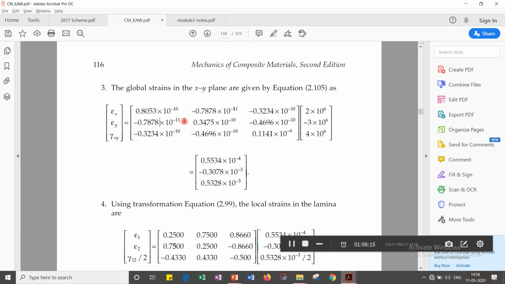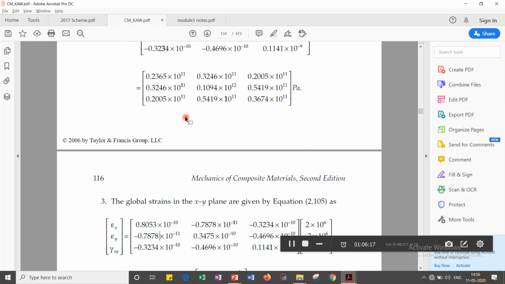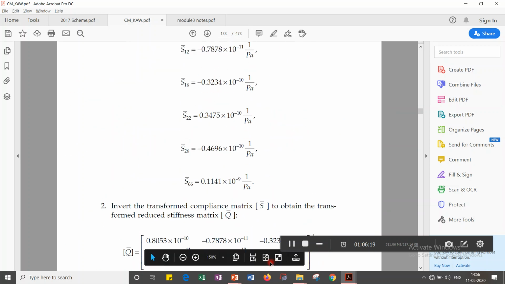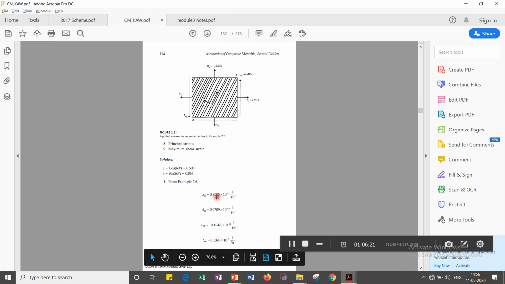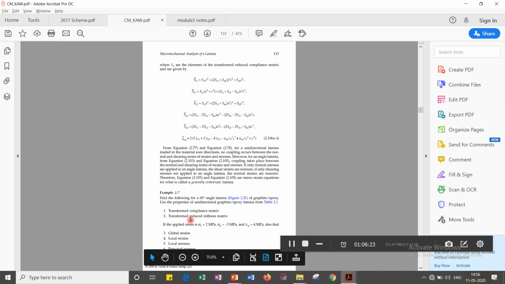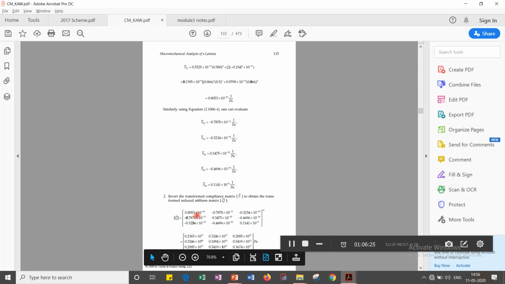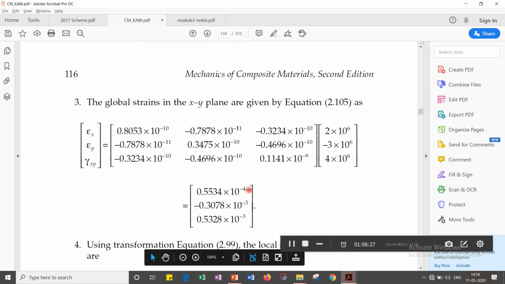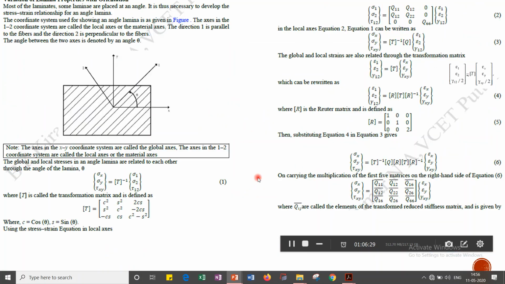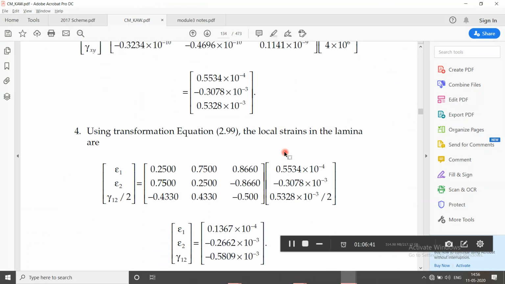Let us look into the next part. I should calculate local strains. Local strain is nothing but strain in the 1-2 direction. In order to calculate strain in the 1-2 directions, this equation itself is enough: epsilon 1, epsilon 2, gamma 12 by 2.